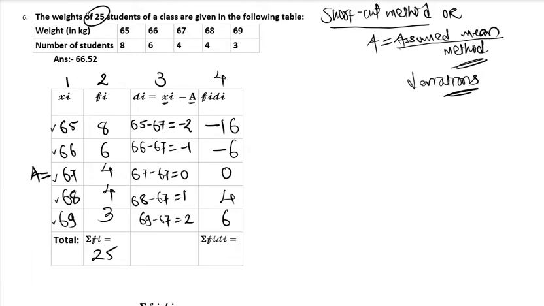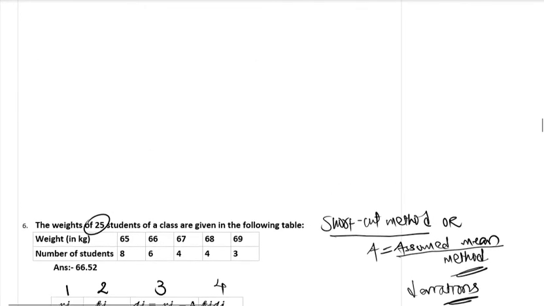So 6 plus 4 is 10. 10 minus 6 is 4 and 4 minus 16 is minus 12. The calculations have been reduced to a larger extent. You don't have to do any multiplications. You can almost orally find the answer. So that is the benefit of this shortcut or assumed mean method.